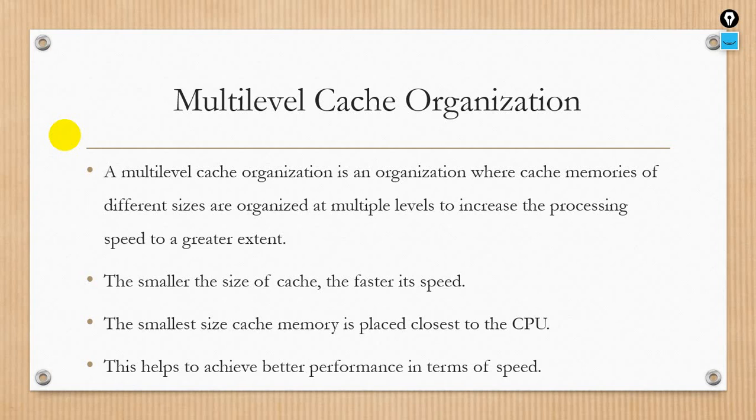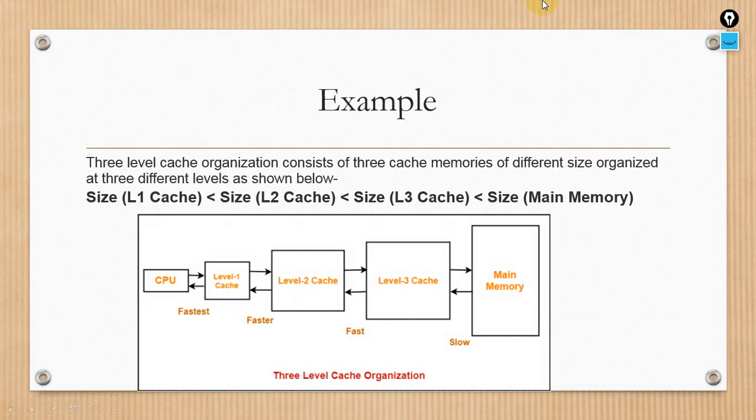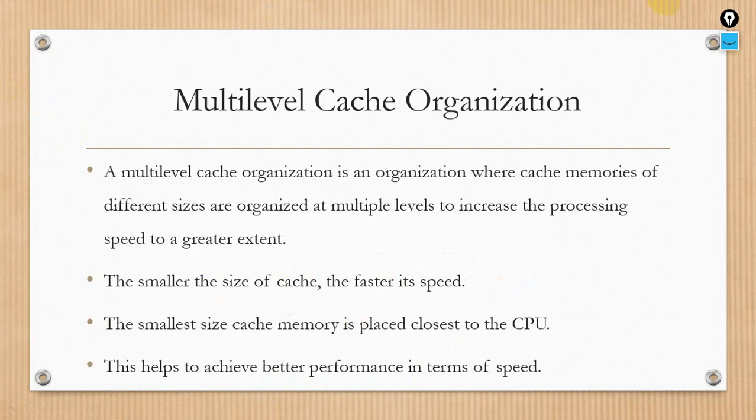For example, if we have two or three cache memories, when we use more than one cache memory with the CPU, that is called multi-level cache organization. A multi-level cache organization is an organization where cache memories of different sizes are organized in multiple levels to increase the processing speed to a greater extent.